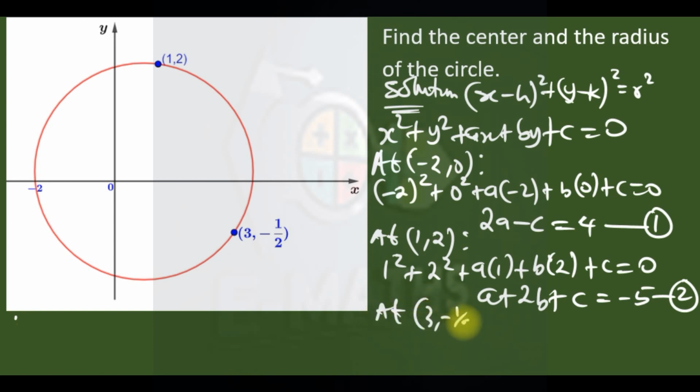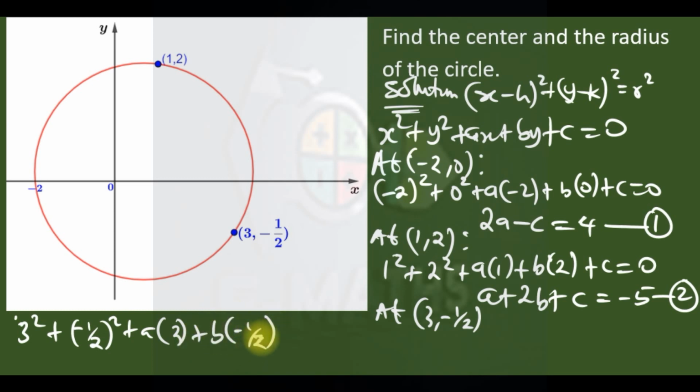Now the last one at 3 comma minus half. So we substitute. We have 3 squared plus minus half squared plus a times 3 plus b times minus half plus c equal to 0. So we have 9 plus 1 over 4 plus 3a minus half b plus c equal to 0.